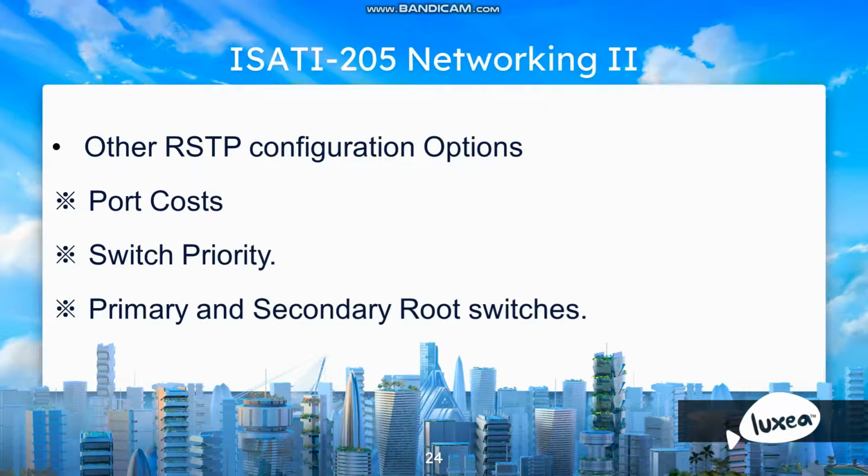In this slide, I will talk about our RSTP configuration options. First, port cost, switch priority, and primary and secondary root switches. First, port cost. The interface spanning-tree vlan command lets us set the switch's STP or RSTP cost on the port.